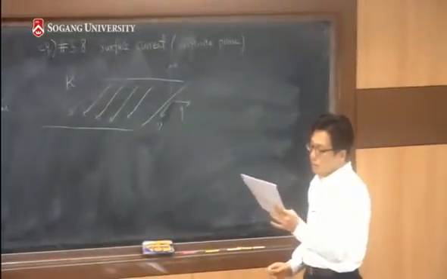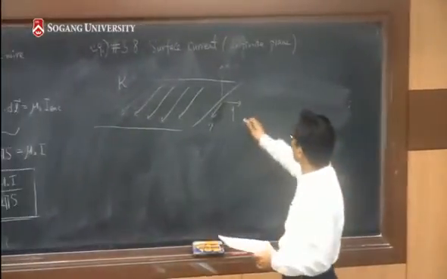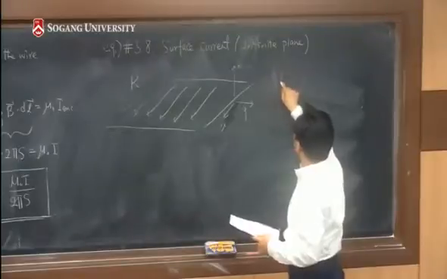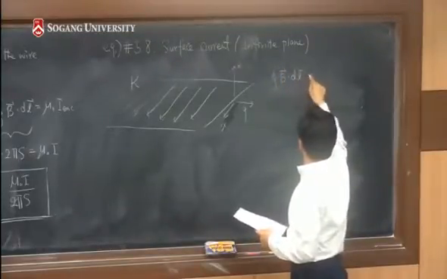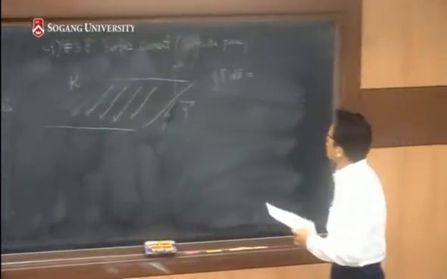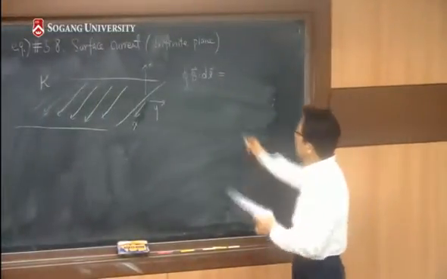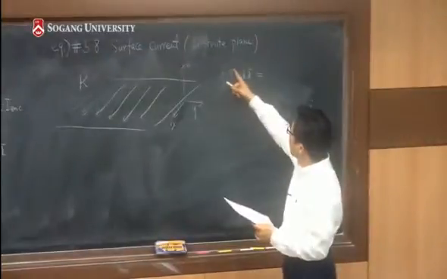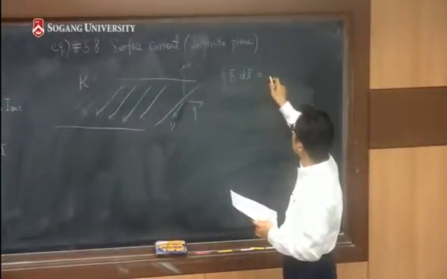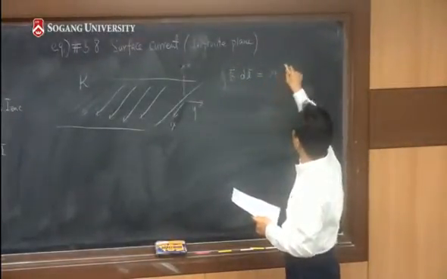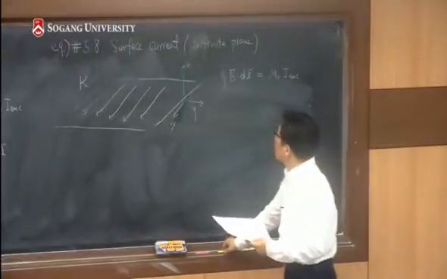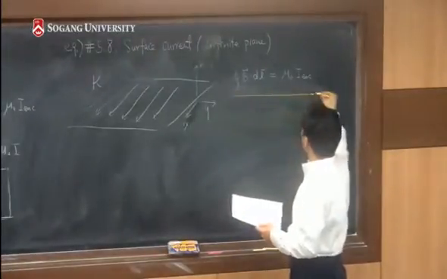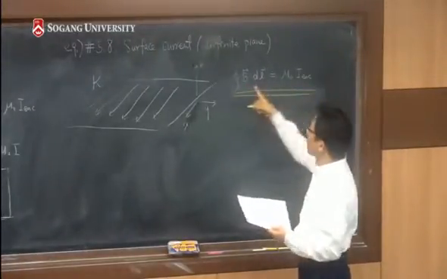And here we can actually find it using Ampere's law again. The line integration of the magnetic field will be mu 0 and the current enclosed like this. And to apply this, we should take a proper Ampere's loop in this case.